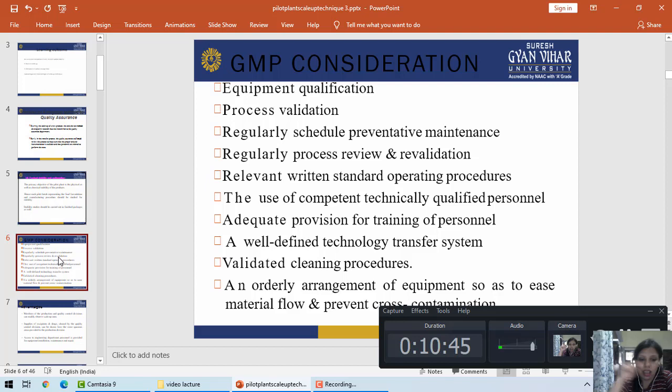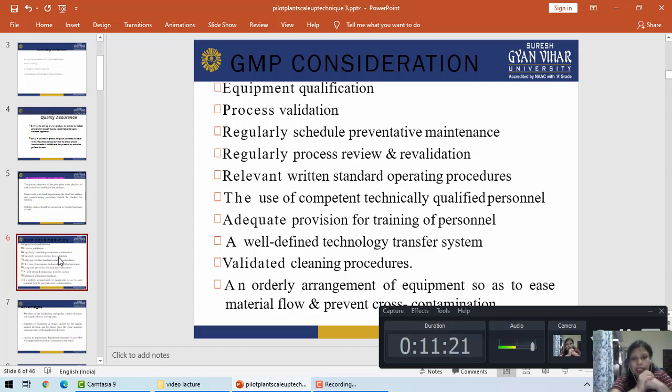For example, if we are making a syrup, following 5 steps and making a syrup with certain characteristics, and we follow these 5 steps repetitively 5 times, we will get the same results all 5 times. So this is process validation: the process is validated, so we don't need to change it, and we will get repetitive results.